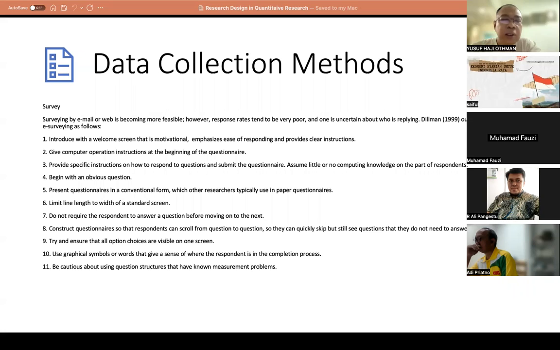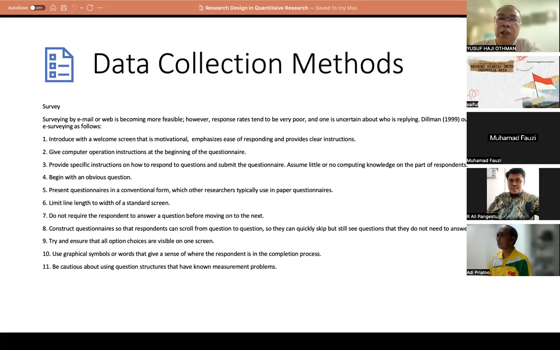Rather, we recommend that you adapt or adopt questionnaires used by the authorities. The questionnaires can be obtained in the appendix of the published research. For example, there is research done by other researchers or by PhD students.